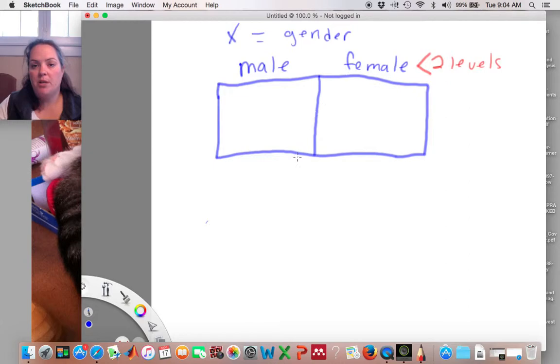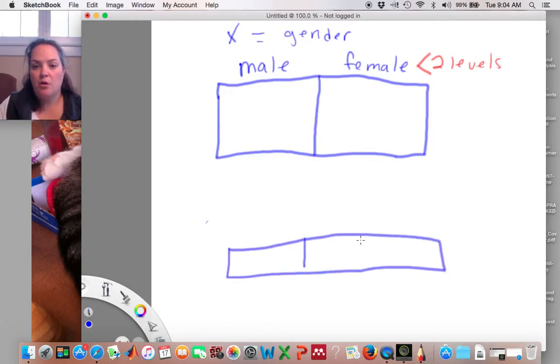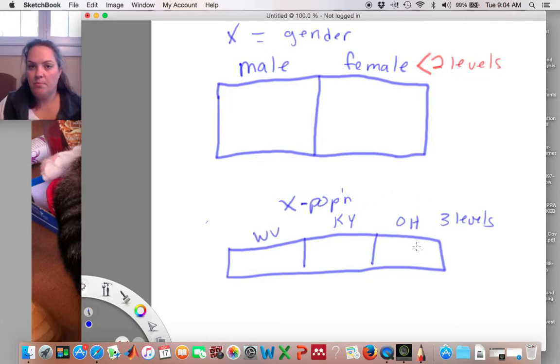If this had been population, we could have had population as our independent variable, and West Virginia, Kentucky, and Ohio. That would have been 3 levels of this independent variable. Okay?